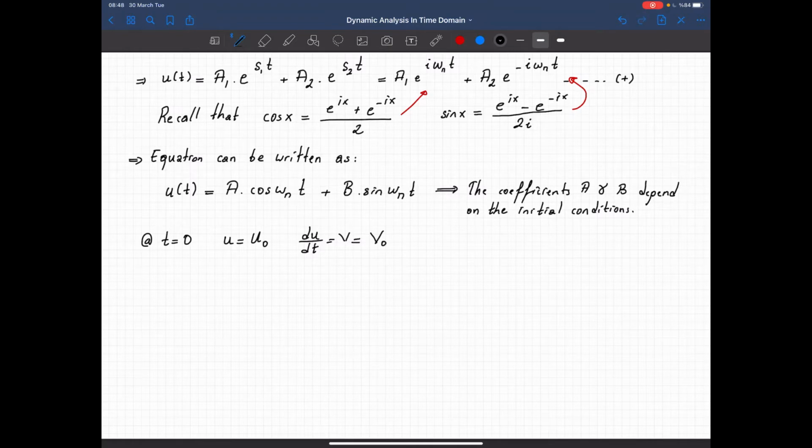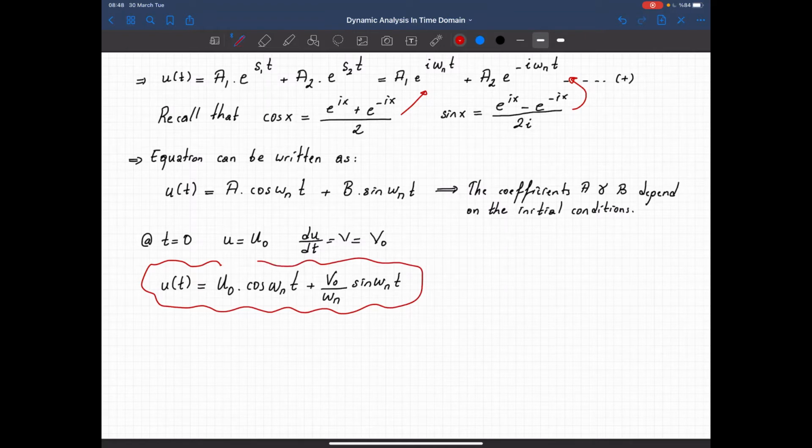By using these initial conditions, I can rewrite the displacement equation. u of t will be equal to u0 cosine omega n t plus v0 divided by omega n sine omega n t. So that's the solution of the governing differential equation for an undamped free vibration. So that's our simplest case.